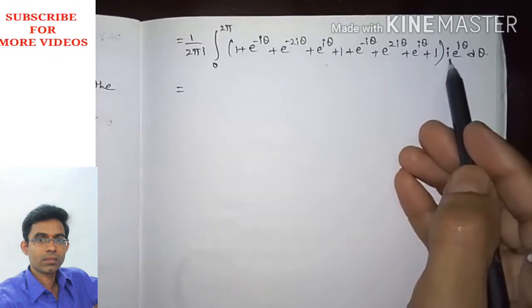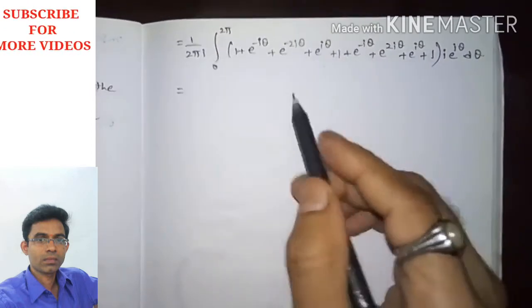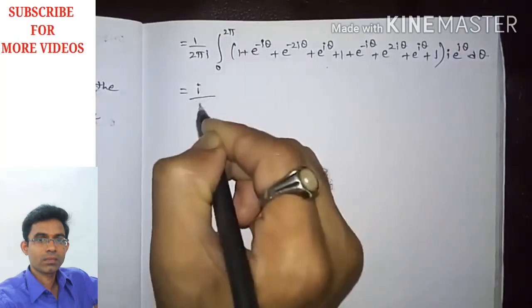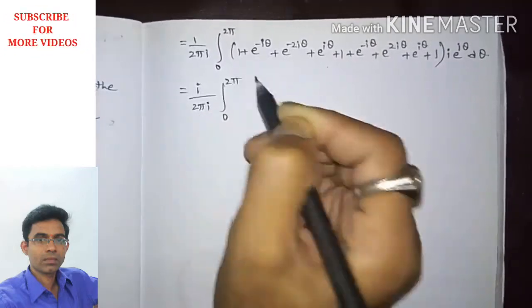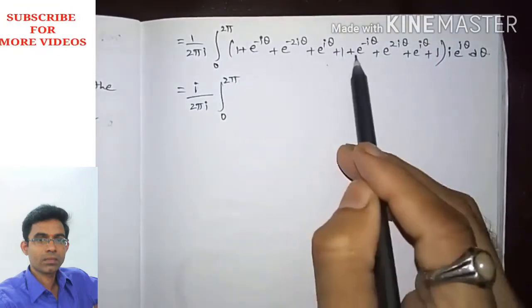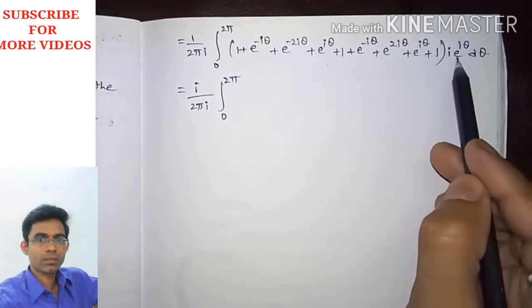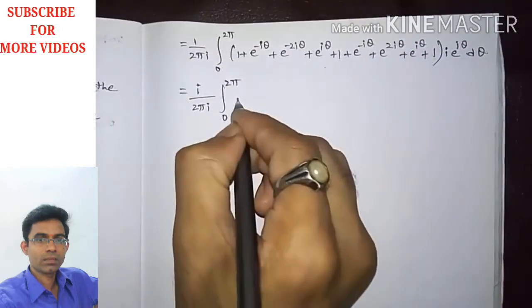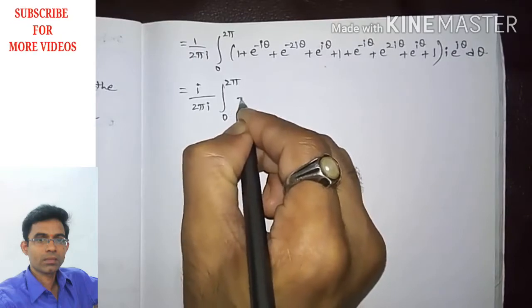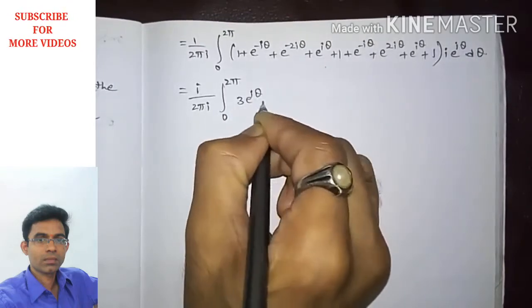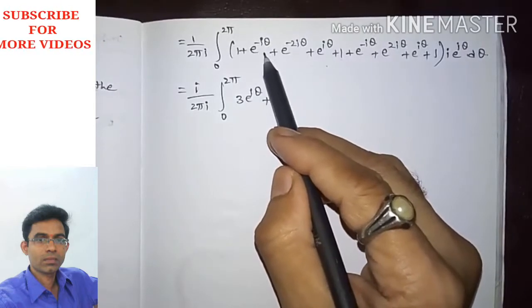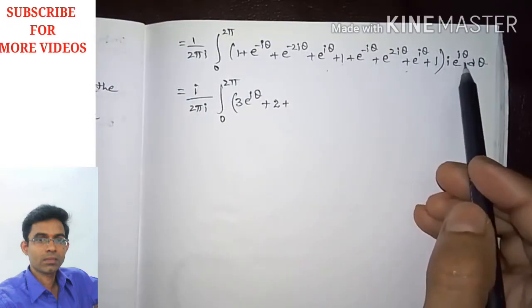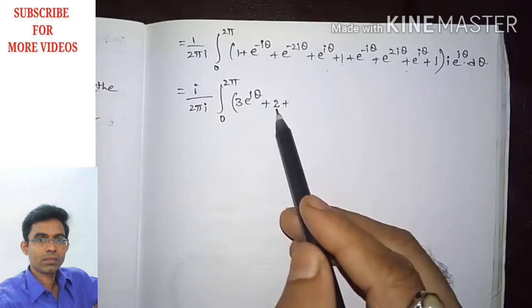And here taking i outside the integral we have i by 2π i, integral 0 to 2π. Here we have 1 plus 1 plus 1, that is 3, into e^{iθ}. So this is 3 e^{iθ}, plus the next term.